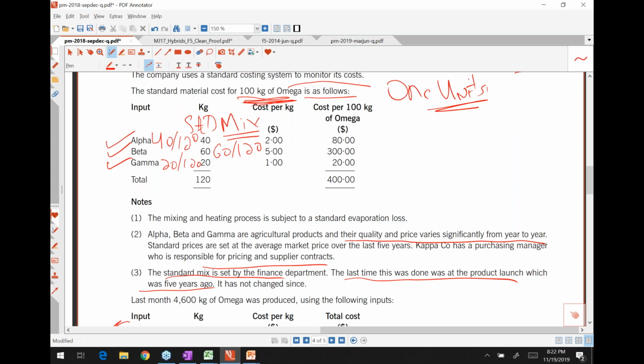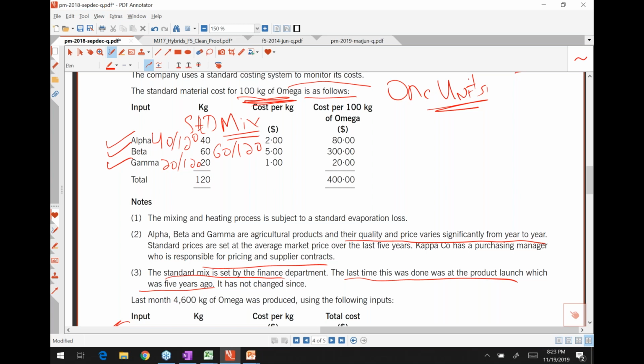That box usually has a recipe behind it, and that recipe tells you that you should use a certain ingredient this much, another ingredient this much, which means 1 tablespoon, 1 teaspoon. So basically that spice box indicates the recipe, the mix, and that is known as standard mix. So this is the standard mix.